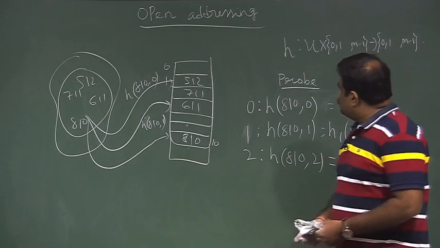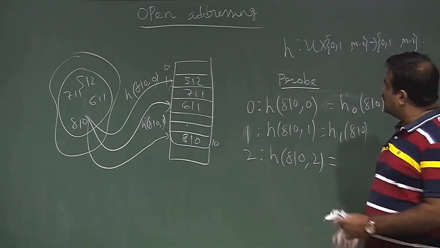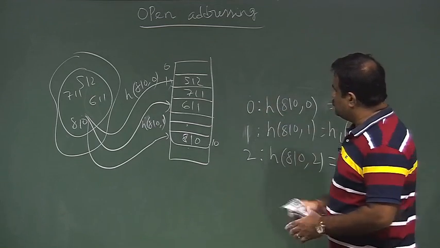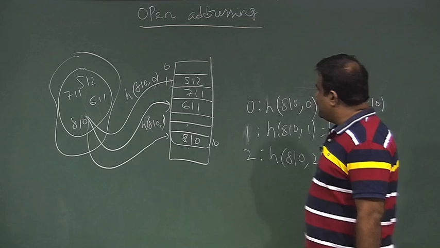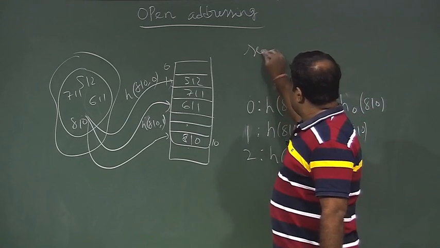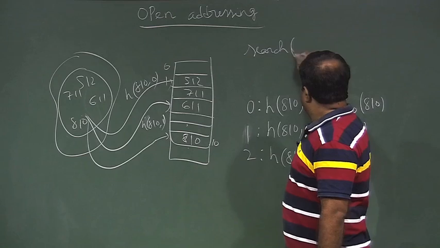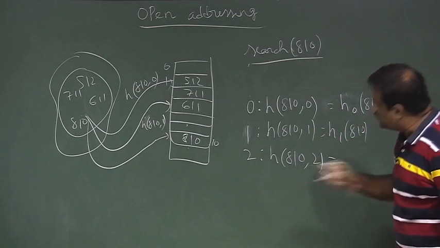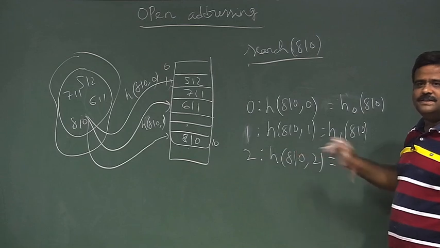Now, how to search? Suppose we want to search for 810. We need to follow the same probe sequence as we inserted.